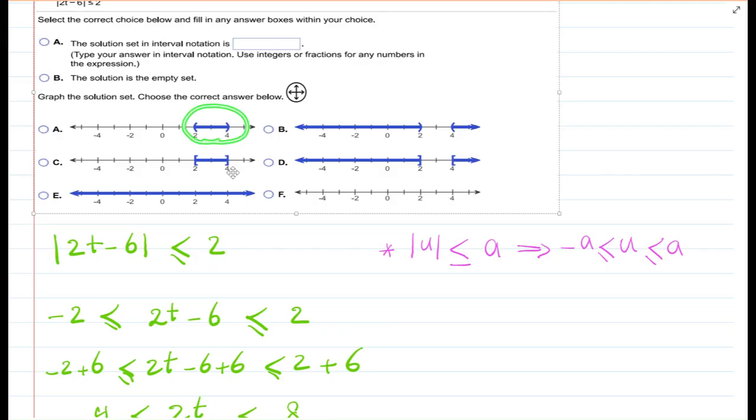This is between 2 and 4, and this is between 2 and 4. In part A, we see parentheses. It means that 2 is not included and 4 is not included. But in option C, you see 2 is included, also 4 is included. So the right answer is C.